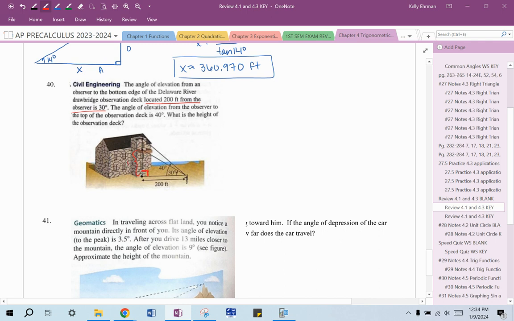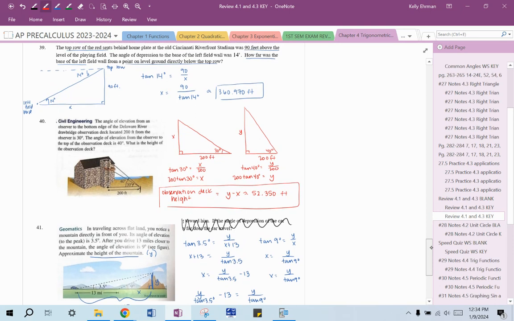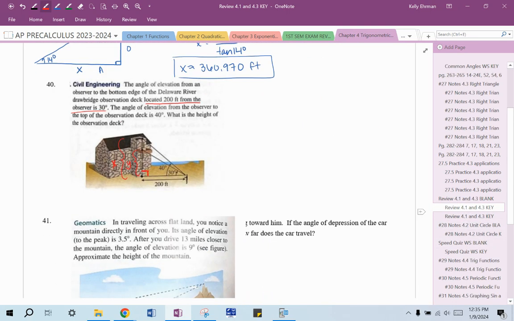Let me check to see. I want to keep my variables the same. This is what I did on my key. Okay, I flipped those, so sorry. Just to keep things consistent, I'm going to call the short distance x and the big distance y. And just because this is showing up kind of weird, I'm going to redraw it over here.